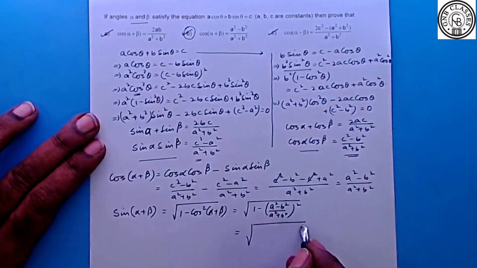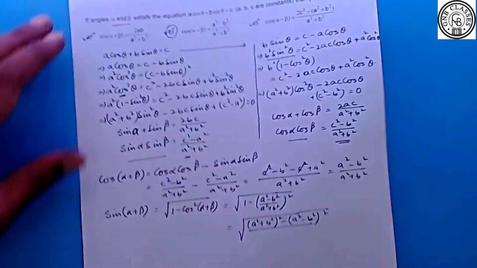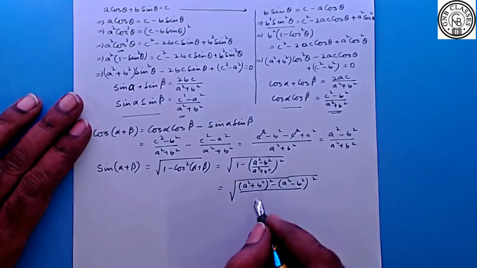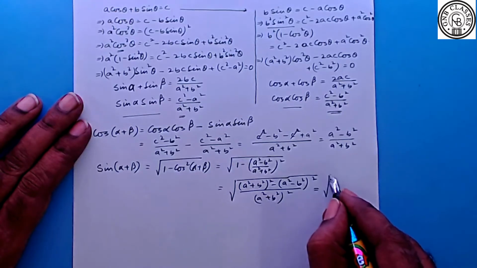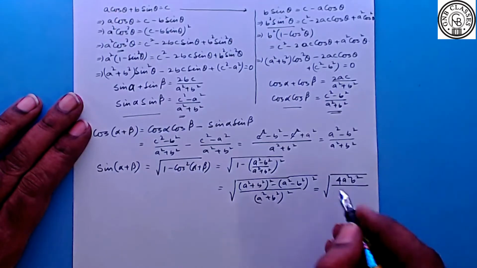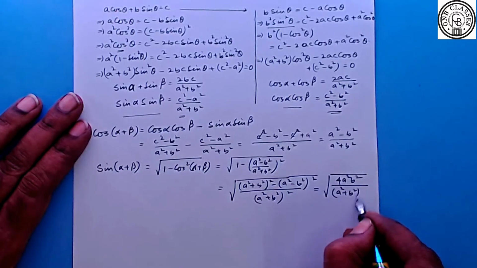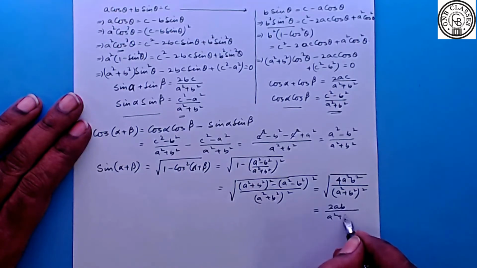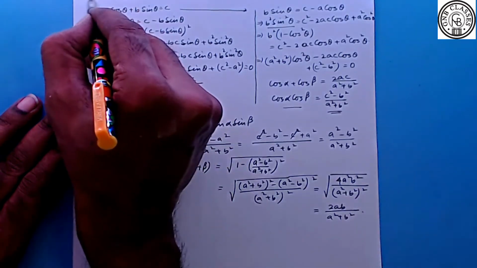So that gives you ((a² + b²)² − (a² − b²)²) divided by (a² + b²)². So under root, if I open the brackets, we are going to have 4a²b² in the numerator, and in the denominator (a² + b²)². So when it comes out, it becomes 2ab by (a² + b²). The first one is proved again.